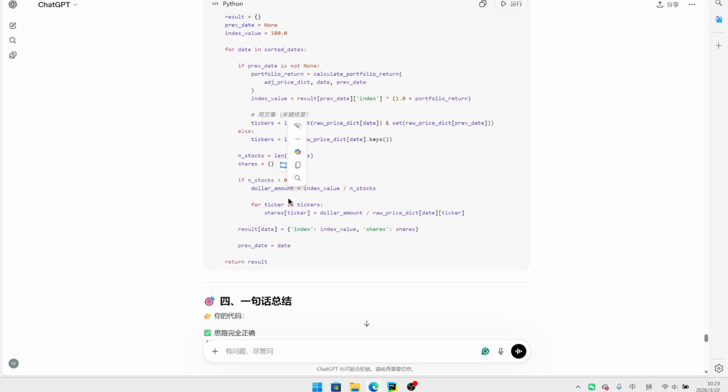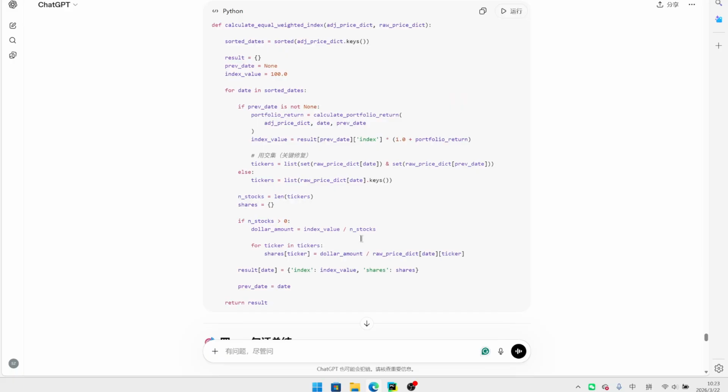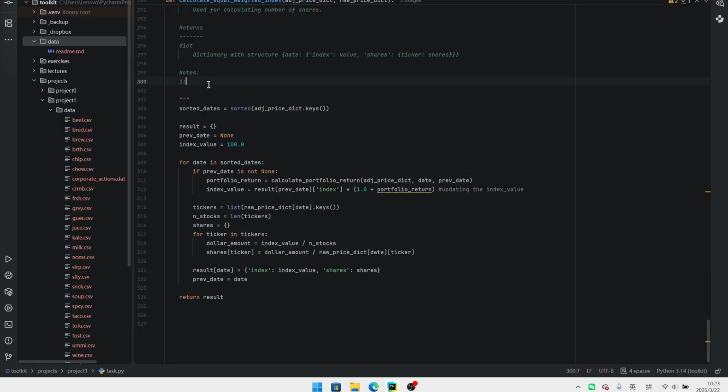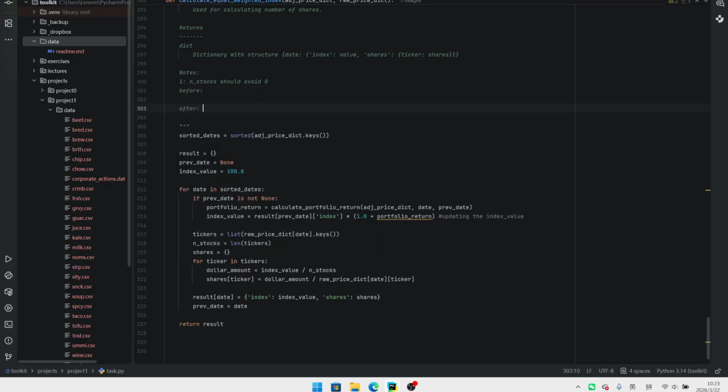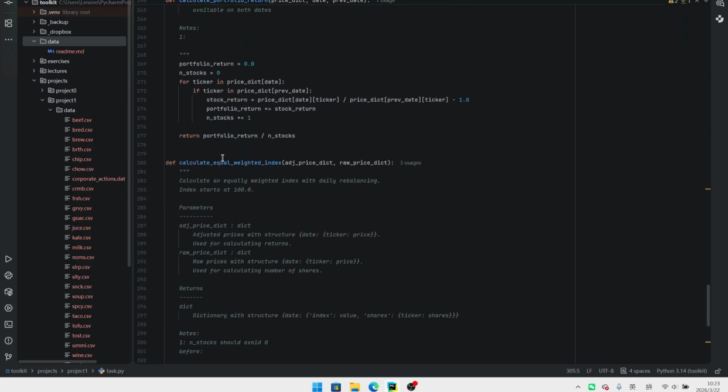Dollar amount is not there for ticker in ticker, so we just need to exclude the non-stocks, avoid 0. So I think it's fine. So I'll do that later. Now, I think it's fine.